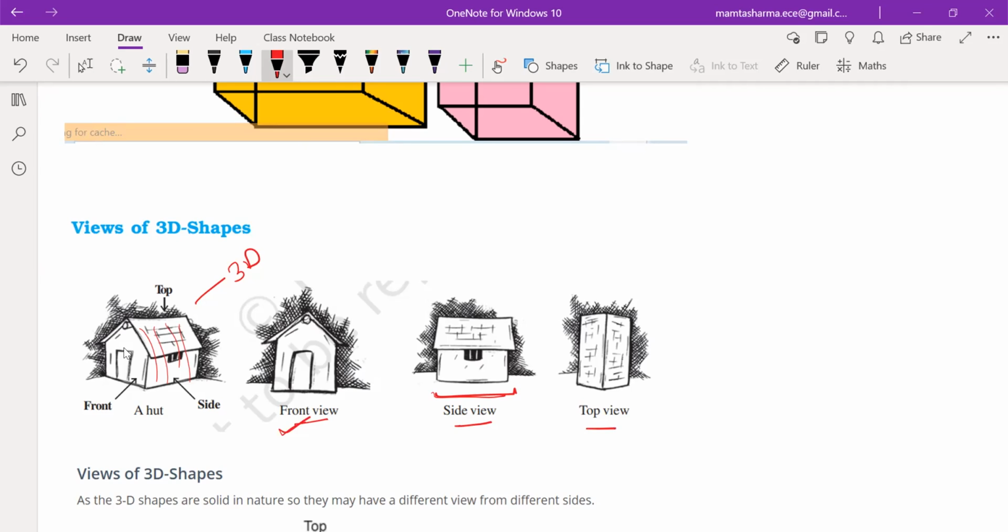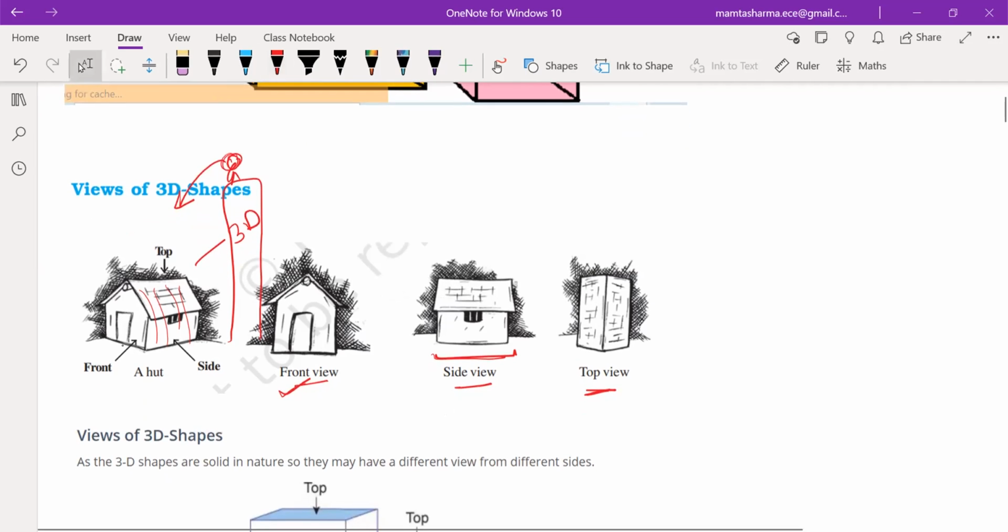When you see the hut from a helicopter or from a taller building, you can see only the roof part of this hut. So for 3D shapes, each and every view will be different.